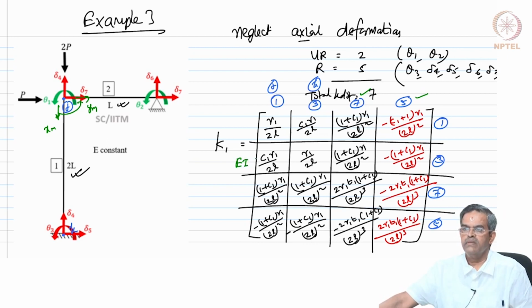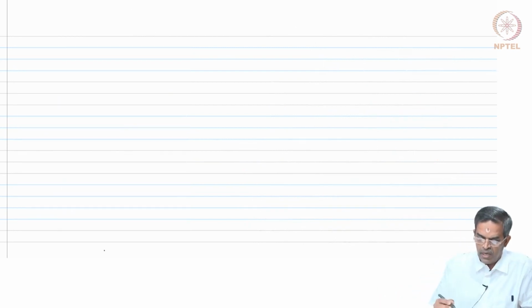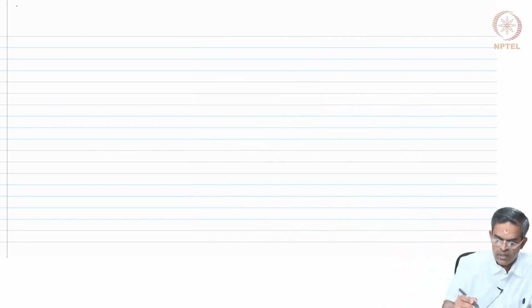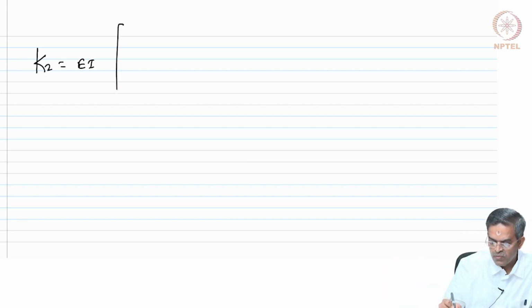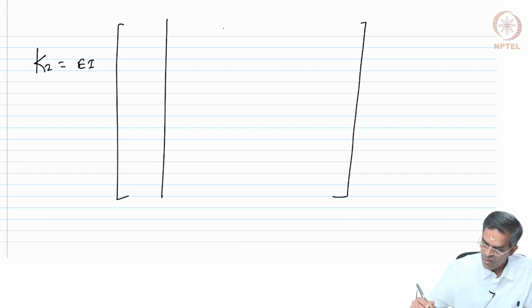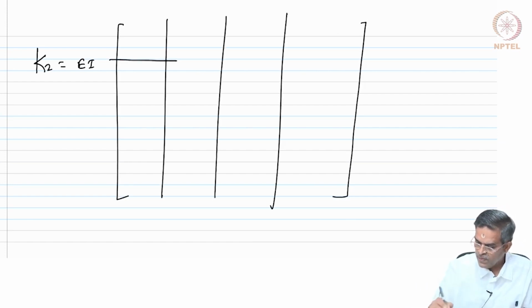Okay. The next one is for the second member K2. So let us do it for the member K2, which is again EI times of, again a 4 by 4 matrix.